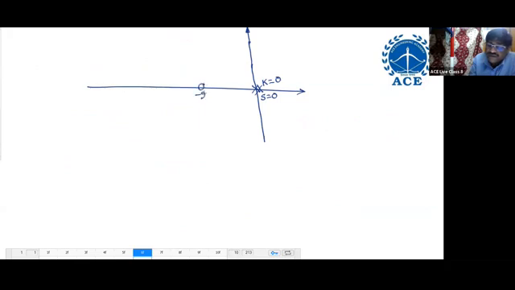One zero at minus 2. One zero at minus 4. So here root locus branches exist. Now represent the breakpoints. Here one breakpoint is 0. Here one breakpoint is minus 2.33.